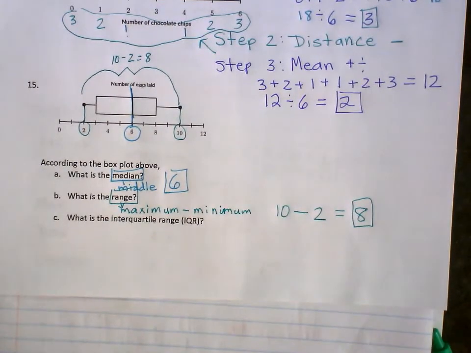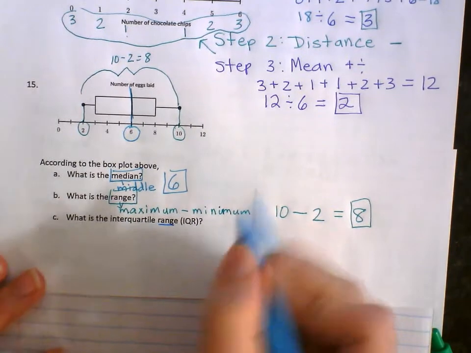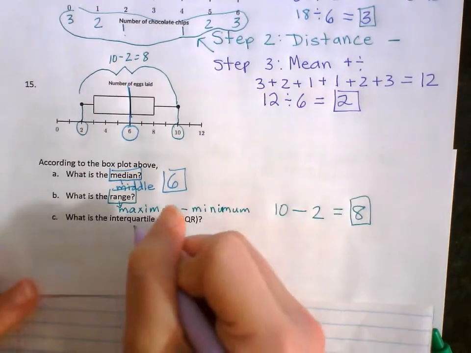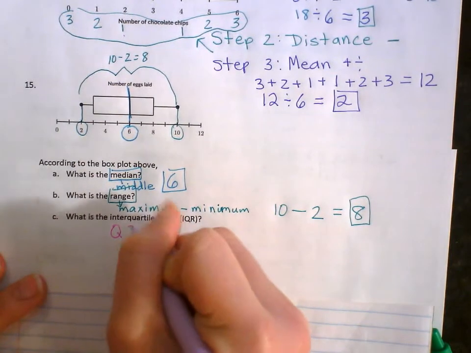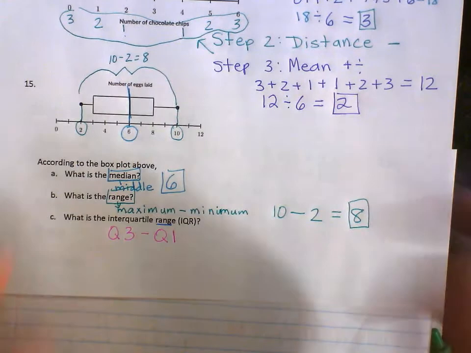And then we have the IQR, the interquartile range. Remember, the interquartile range has range in there. But it's the inner quartile, the inner quarters. It's Q3, quartile 3, minus quartile 1. It's the end of the box.